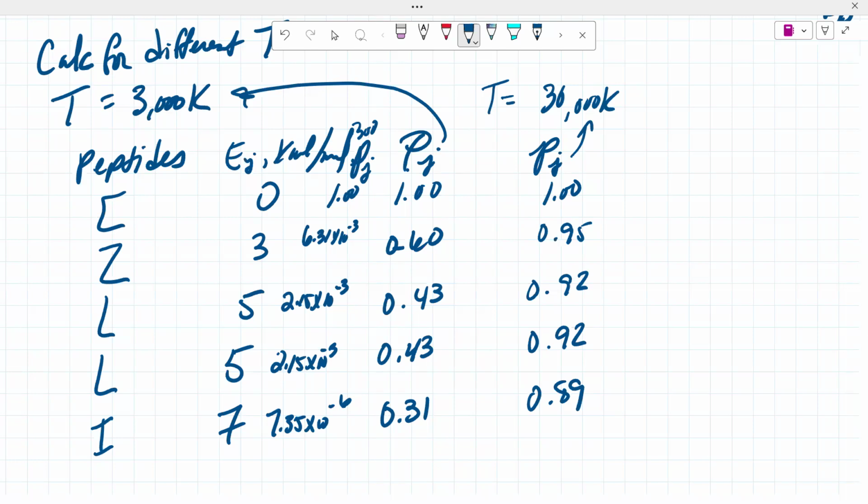Let's do a back of the envelope calculation. This column pretty much sums up to about 1. That one's a little bit more than 1. This one, among friends, you might say each of these is almost 1, so it sums up to about 5. So our partition function is going to be a little less than 5 and a little more than 1 here.